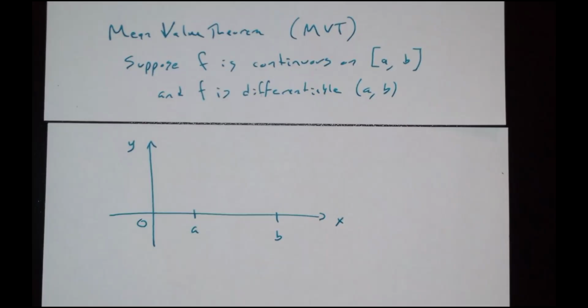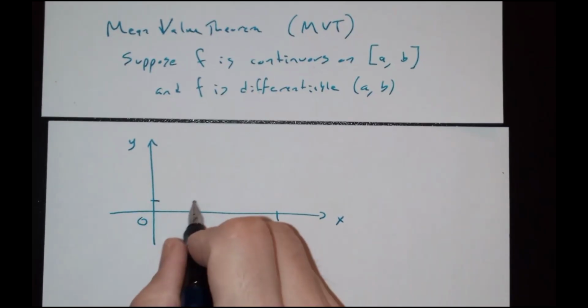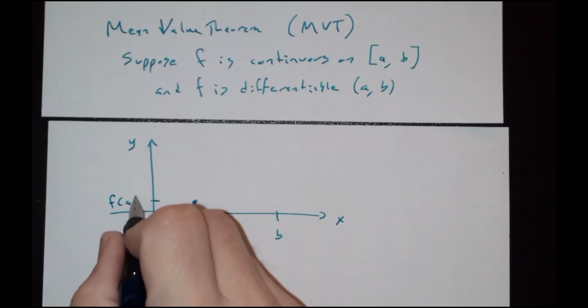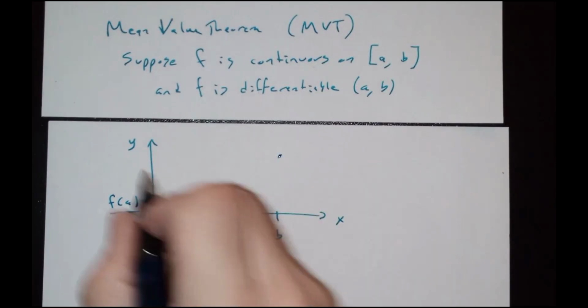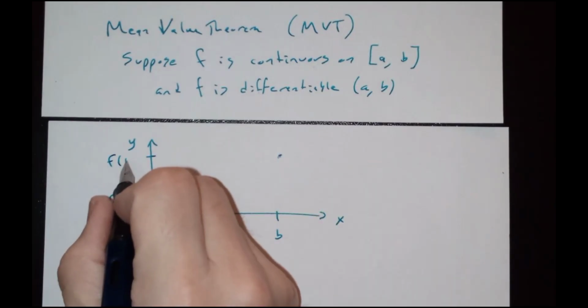If these 2 values are different, is the one that's on the left, f of A, higher or lower than the one that's on the right? Doesn't matter to me, but I want to draw a picture. You tell me which way I should draw. From low to high or from high to low? Low to high. So f of A is going to be down here. And f of B is going to be up here.